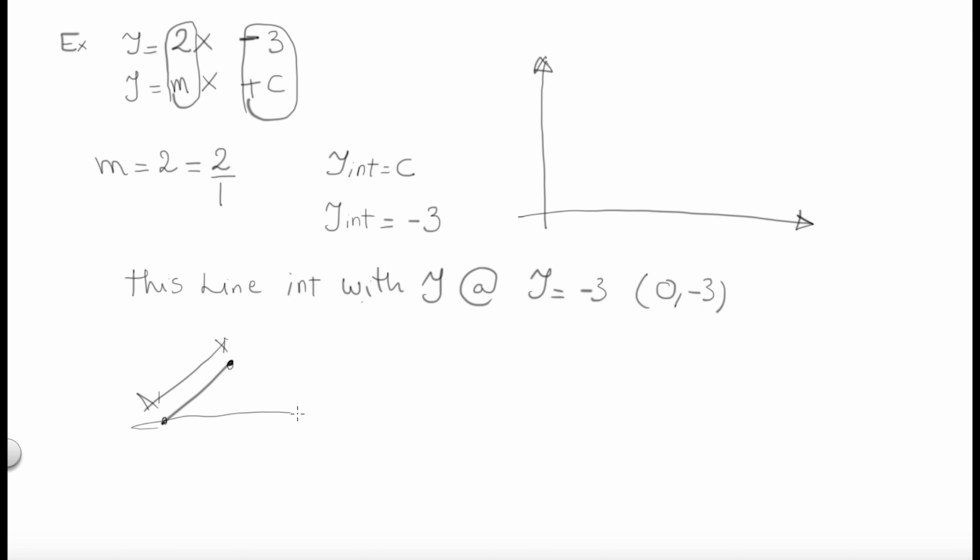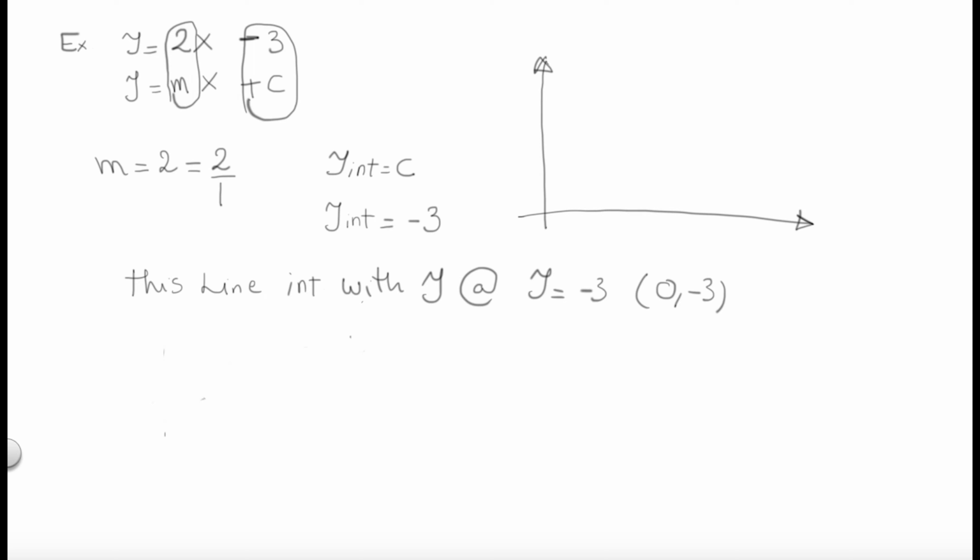Direction means here the angle with the horizontal or the angle with the vertical. So we need just 2 points. So if we try to erase this now and see how we could find these 2 points and draw our graph. It's simple.